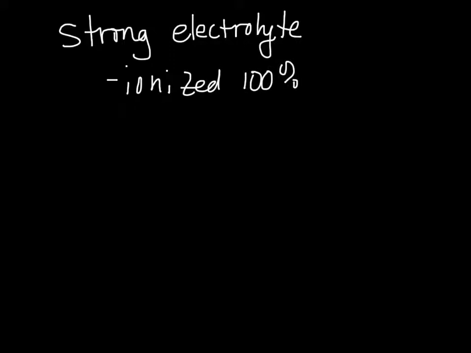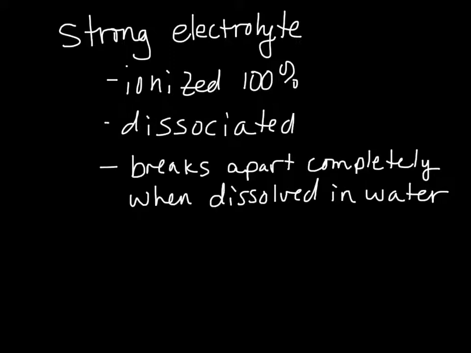Another word we use is dissociated, which means they're pulled apart into their ions completely. So all of the crystal structure is pulled apart when it dissolves in water. Our strong electrolytes are our ionic compounds.